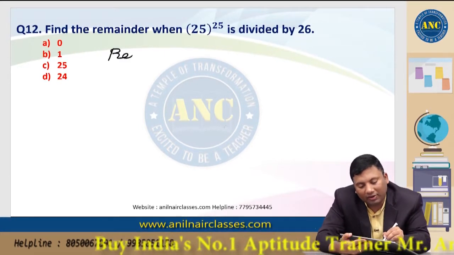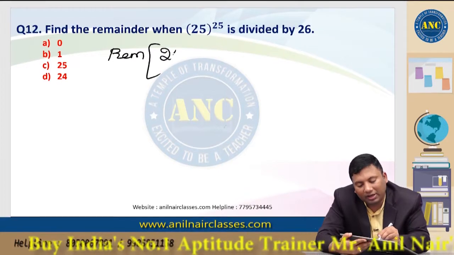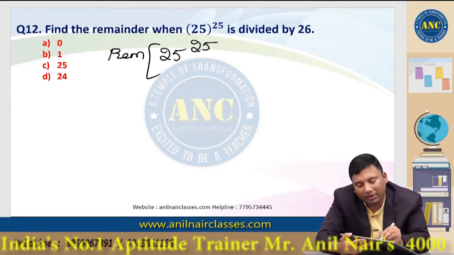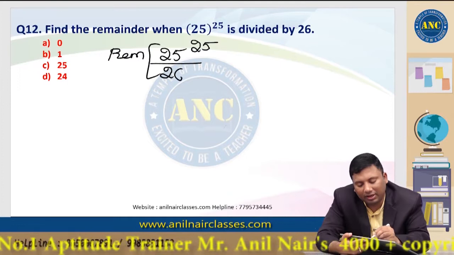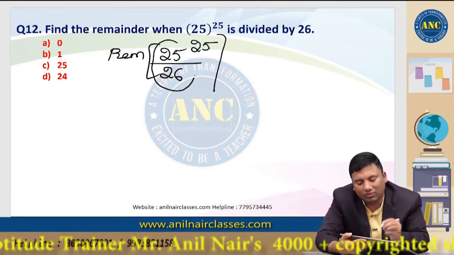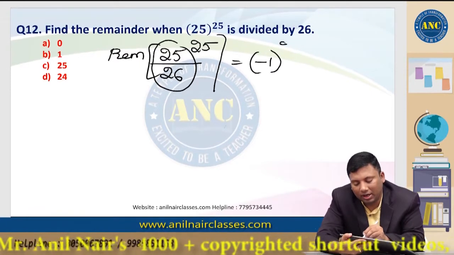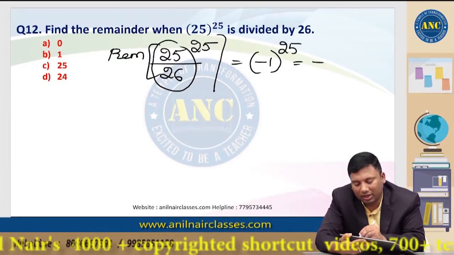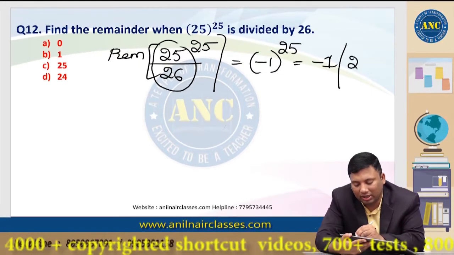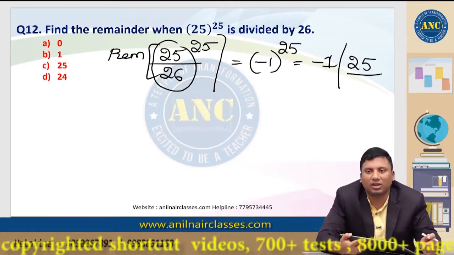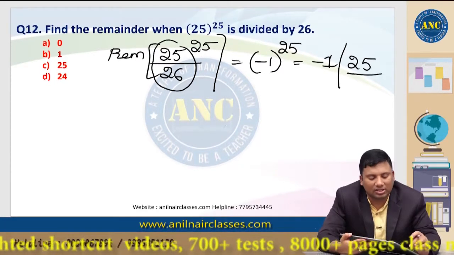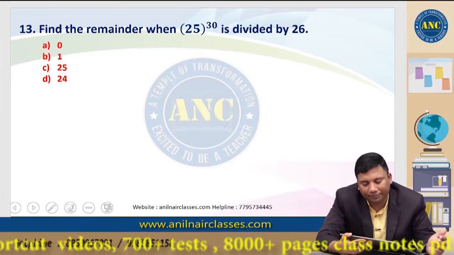Find the remainder when 25 power 25 is divided by 26. 26 ones are 26. Negative remainder is minus 1. Minus 1 power 25 is minus 1. Positive remainder is 26 minus 1, which is 25.